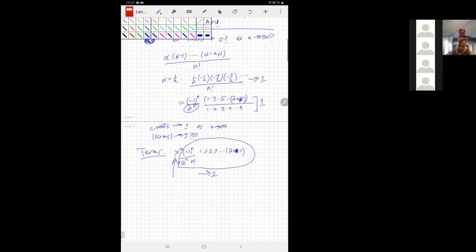X to the n can either go to plus or minus infinity or 0. All right. It all depends on whether the absolute value of x is greater than 1 or less than 1. Or technically 1, it could also approach that.